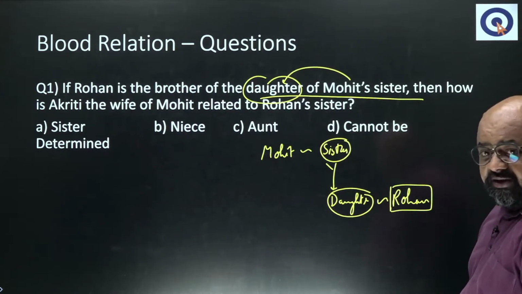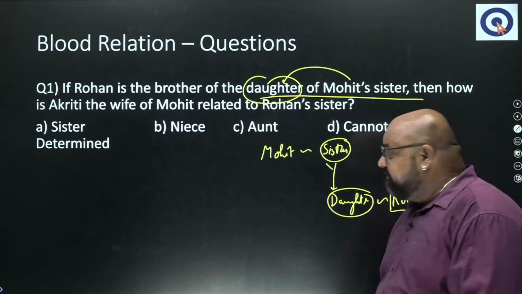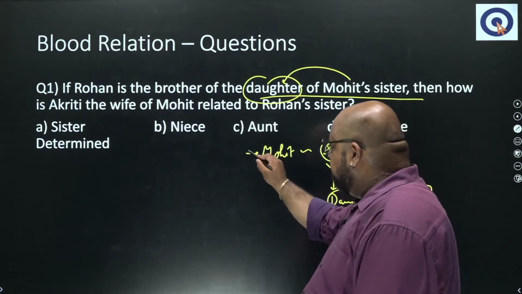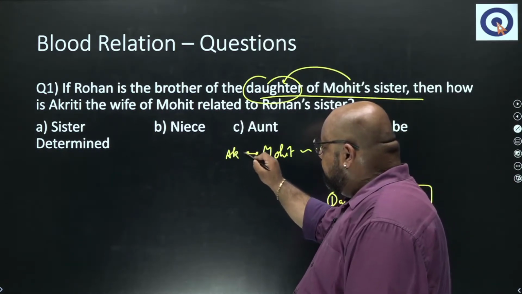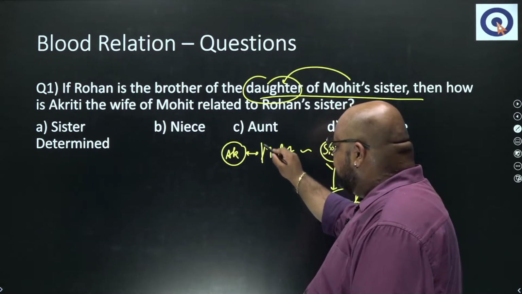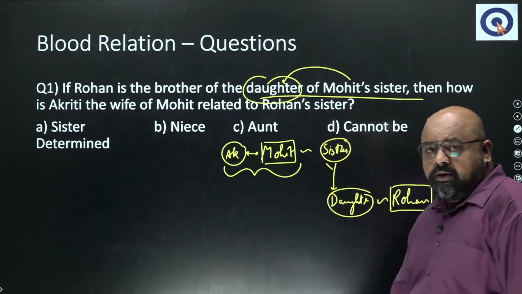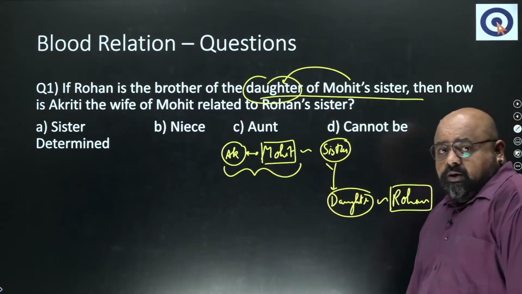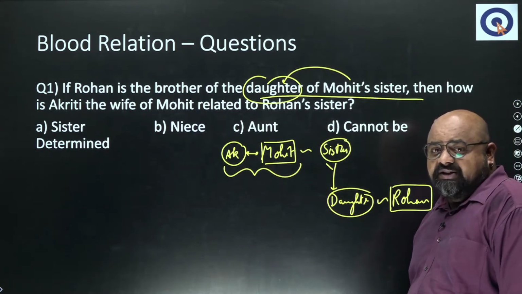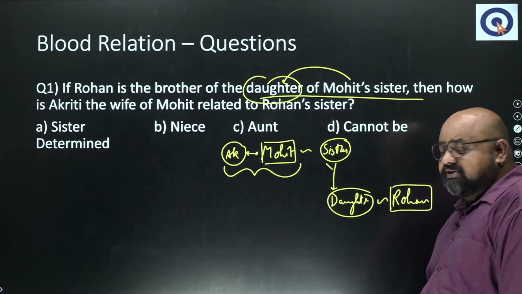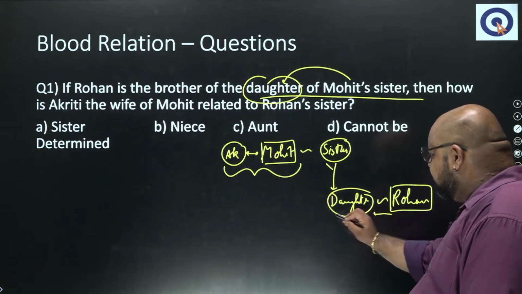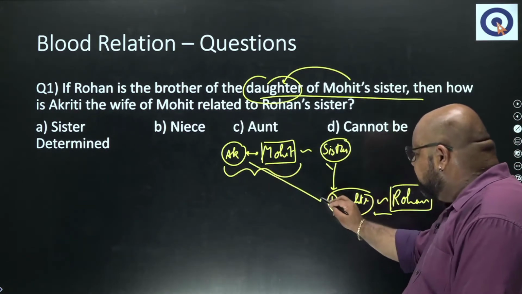Then how is Akriti? Who is Akriti? Akriti is the wife of Mohit. So I draw Akriti here. Akriti being the wife would be a female and therefore Mohit becomes a male. So this becomes a husband-wife pair. The question says, how is Akriti, the wife of Mohit, related to Rohan's sister? So this is Rohan's sister and I'm looking at the relationship between these two people.